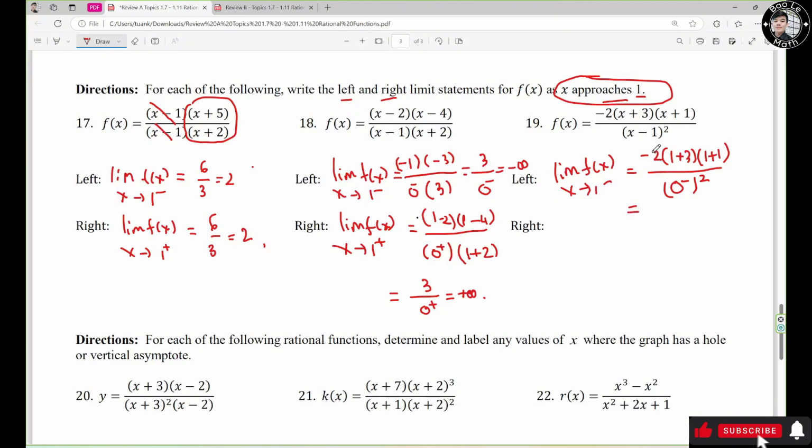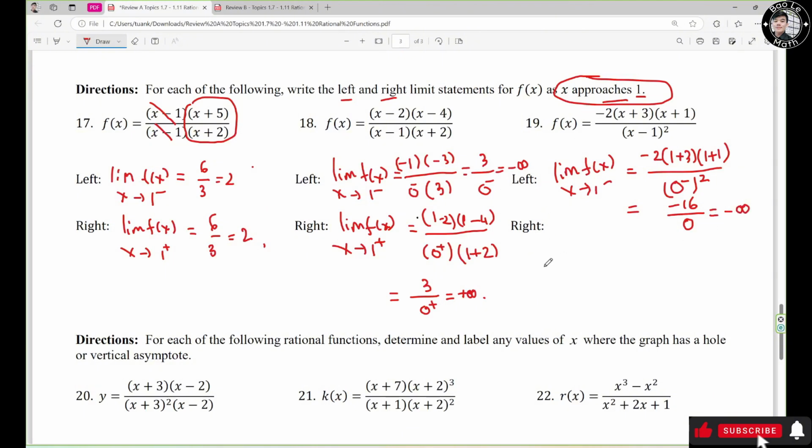The top should be negative 2 times 4 times 2. It's going to be negative 16, right? Now the bottom right here, when you square 0 minus, it's still 0, right? It's positive 0. So the answer right here must be negative infinity, right?